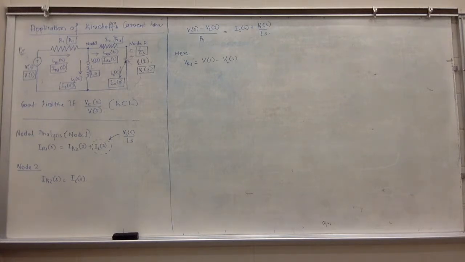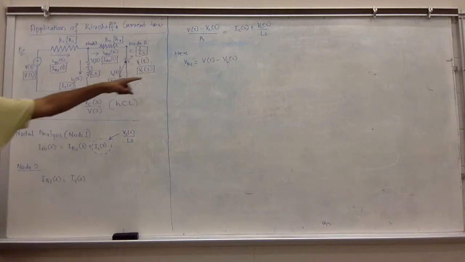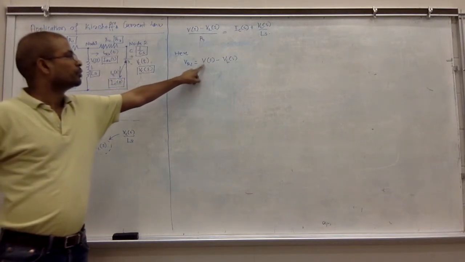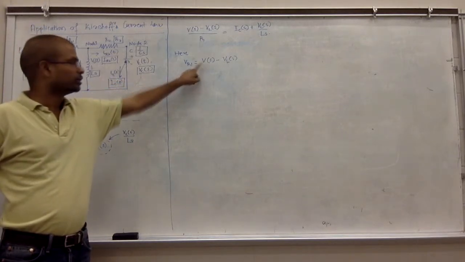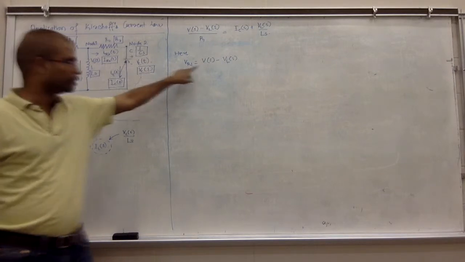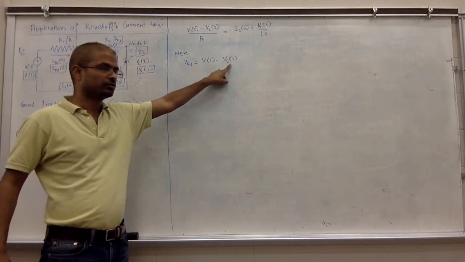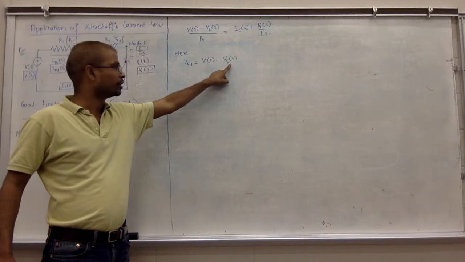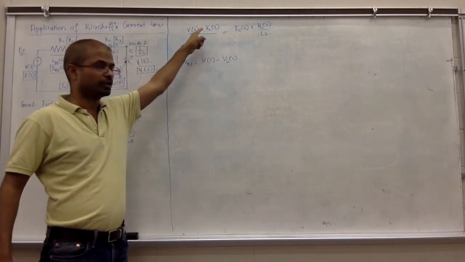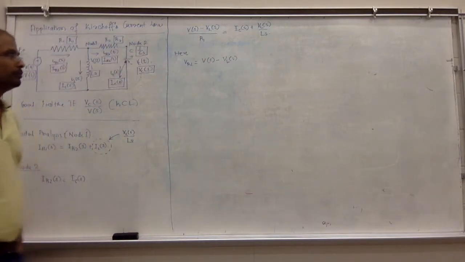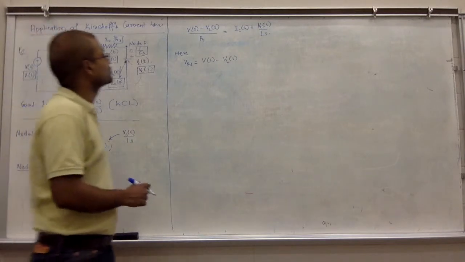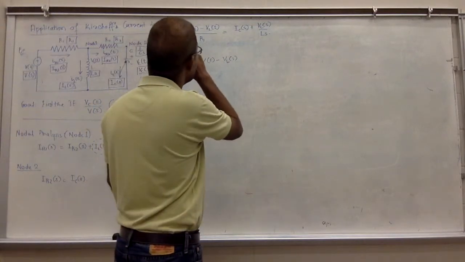So this is what that is. V is the input, this is the first output, this is the second output. So I've just written this here like this.